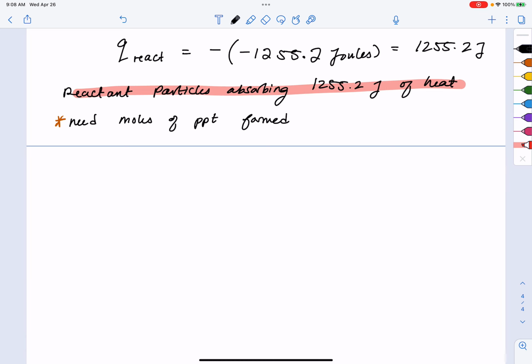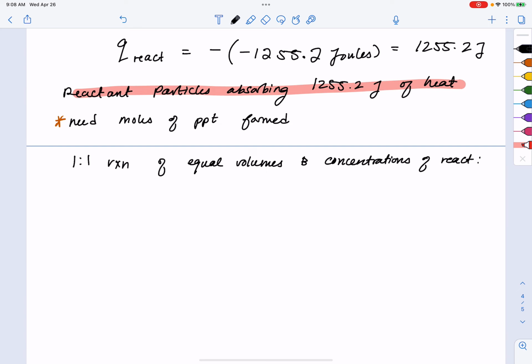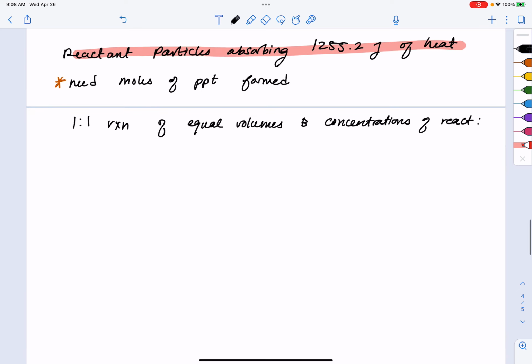All right, so let's see here. We have a 1-to-1 reaction of equal volumes and concentrations of reactants, so there's no limiting reactant. Let's go ahead and start with a volume of one, it doesn't matter.